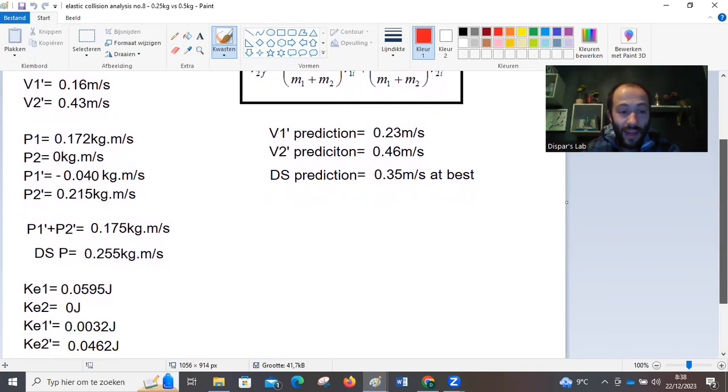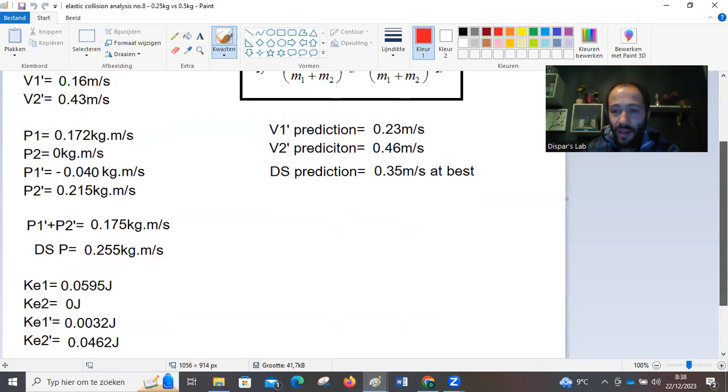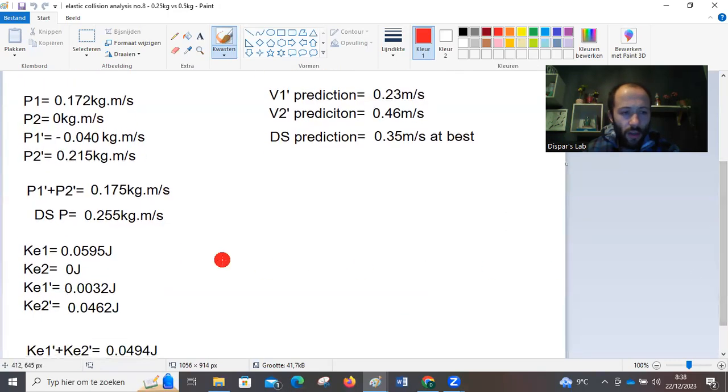So for the kinetic energy, the total initial amount of kinetic energy was 0.0595 joules. After collision, the two mass has a kinetic energy of 0.0462 joules, and the reflection of the one mass has an energy of 0.0032 joules.